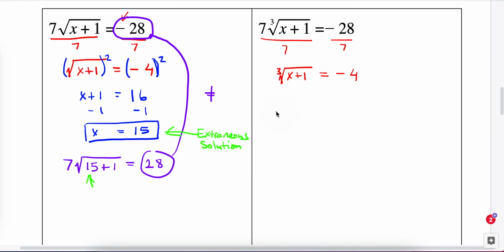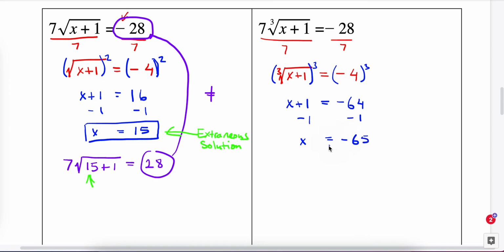If you know anything about cube roots, you'll know that these are going to change the sign, because when you multiply a negative an odd number of times, it keeps changing the sign. So we're going to raise both sides to the third power, and then we have x plus 1 equals, negative times negative is still negative, and 4 to the power of 3 is 64. So we subtract 1 from both sides, and we get x equals negative 65.